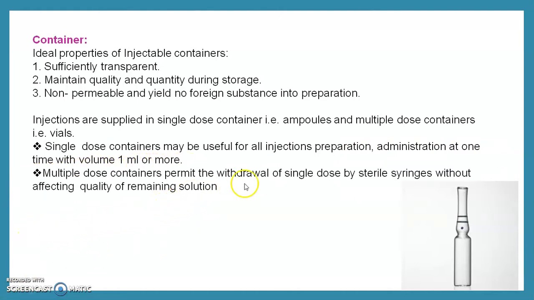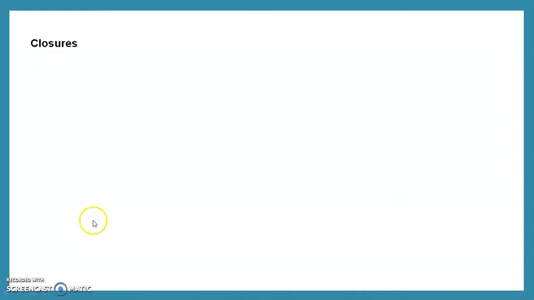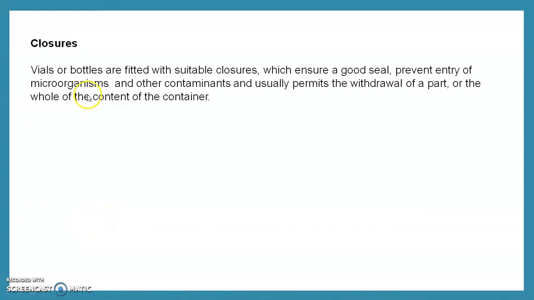Multiple dose containers permit withdrawal of a single dose by a sterile syringe without affecting the quality of the remaining solution. These two types of containers are used for parenteral preparations. Then we see the closures.